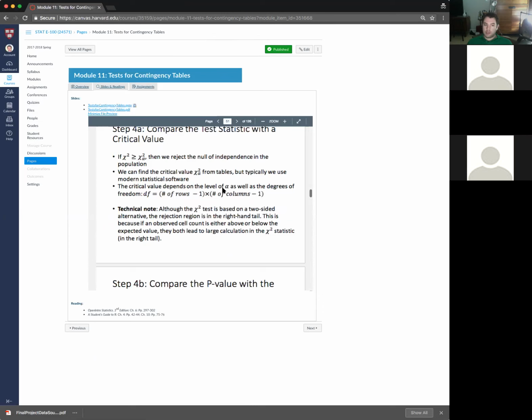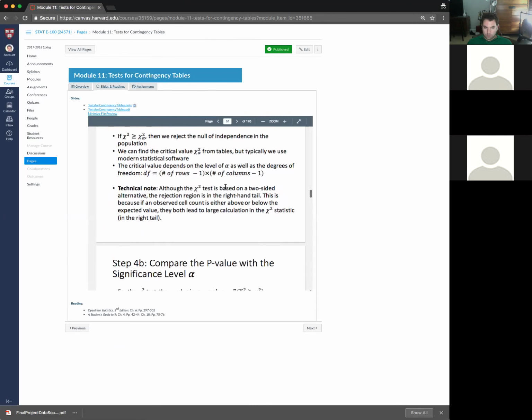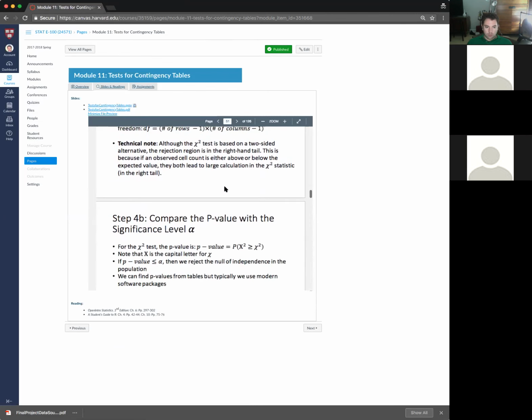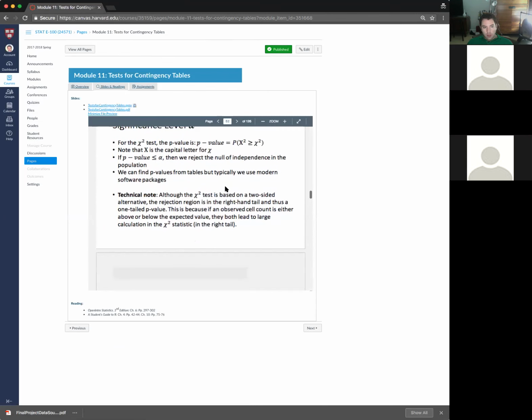So 2 times 1 is equal to 2. So we're dealing again with a chi-squared distribution with degrees of freedom of 2. And we said before that our test was similar to the previous example, but this is also a two-sided test.